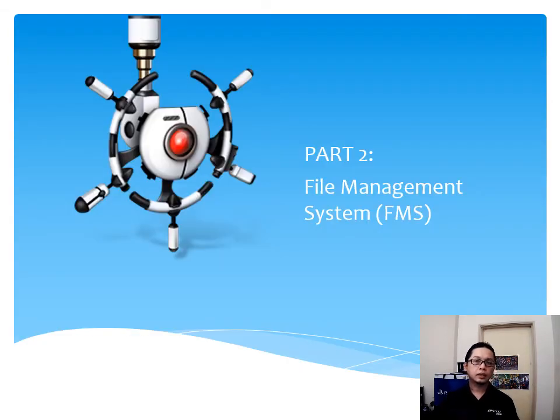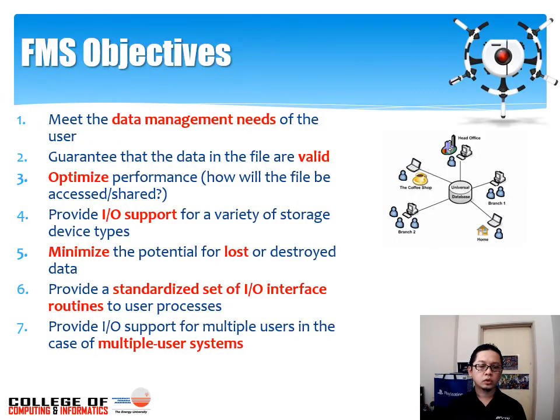And in order to manage the files, the OS has the capability of a file management system. The objective of the file management system is basically to help the OS fulfill the data management needs of the user.